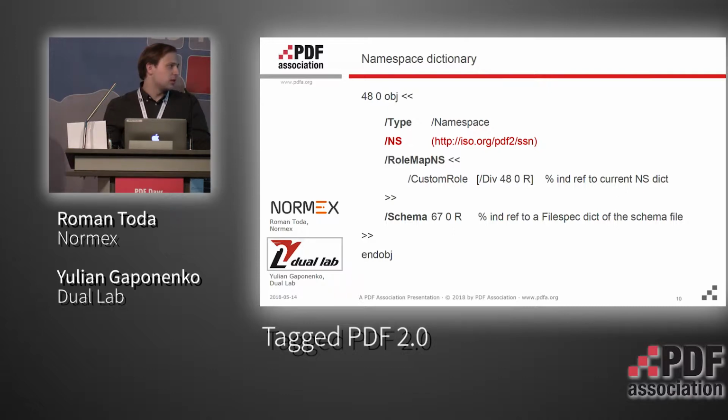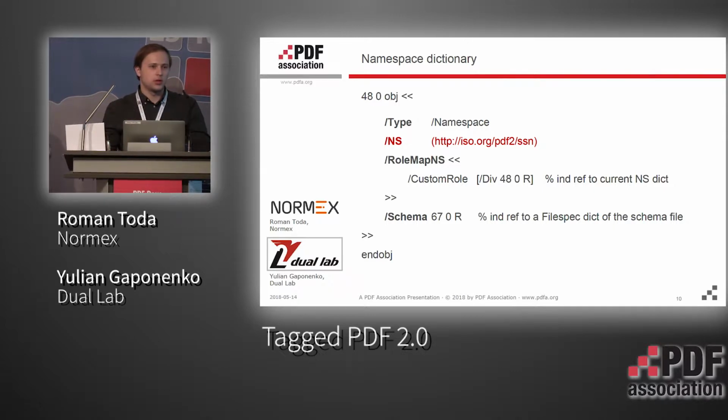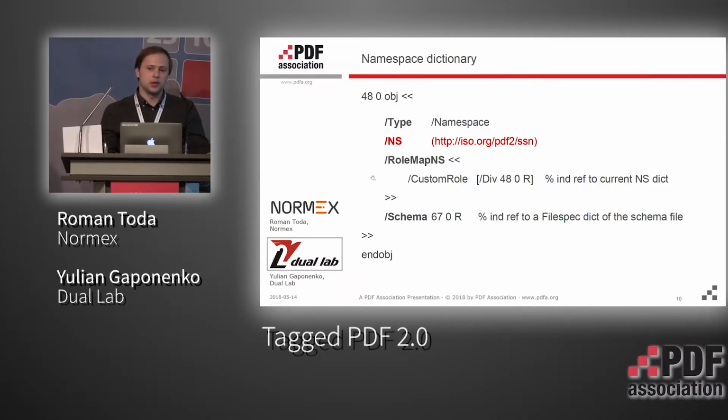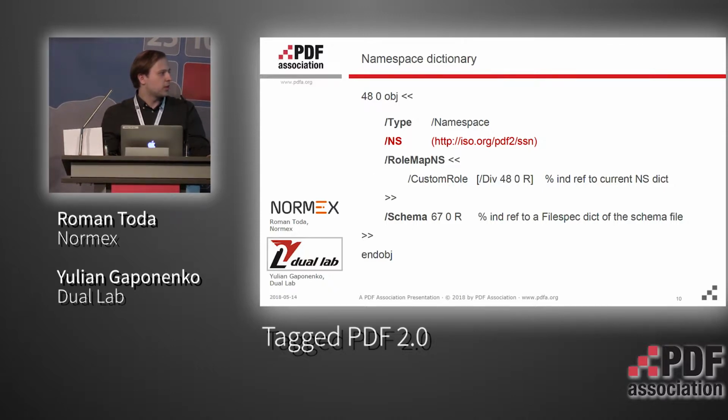You can see that its structure is almost the same as it was for the previous versions. The difference is that for every entry, its value is an array of two items. The first item is the role mapping destination role, and the second item is a reference to the namespace to which this destination role belongs. And as you can see from this example, you can role map to the same namespace, like the current namespace.